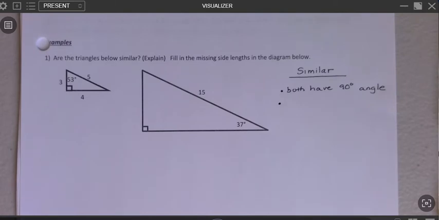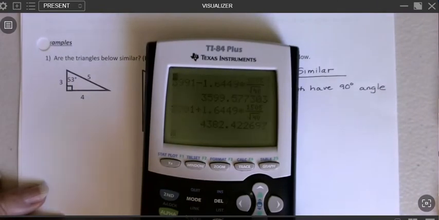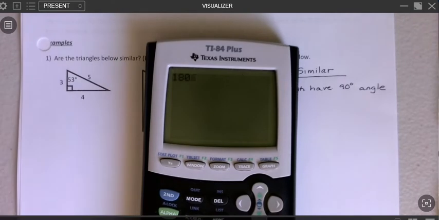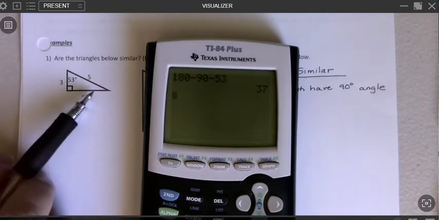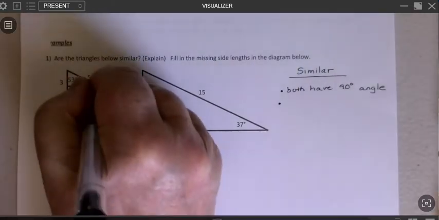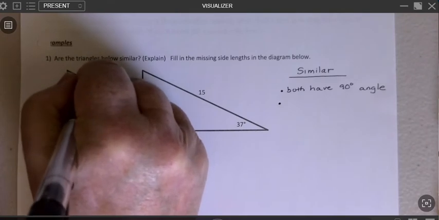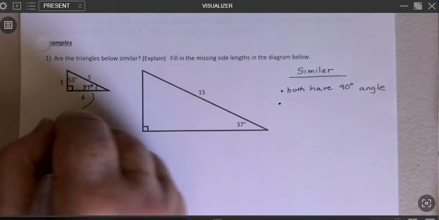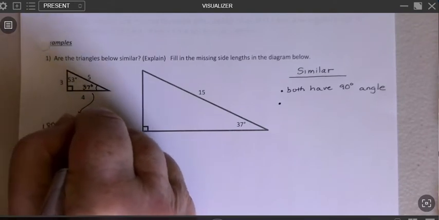So for example, if I were to take this little triangle right here, I know altogether I have 180 degrees. I have a 90-degree angle already accounted for. And I have a 53-degree angle already accounted for. So that tells me that the remaining angle would have to be 37 degrees. And again, I just got that as 180 minus the 90 minus the 53.